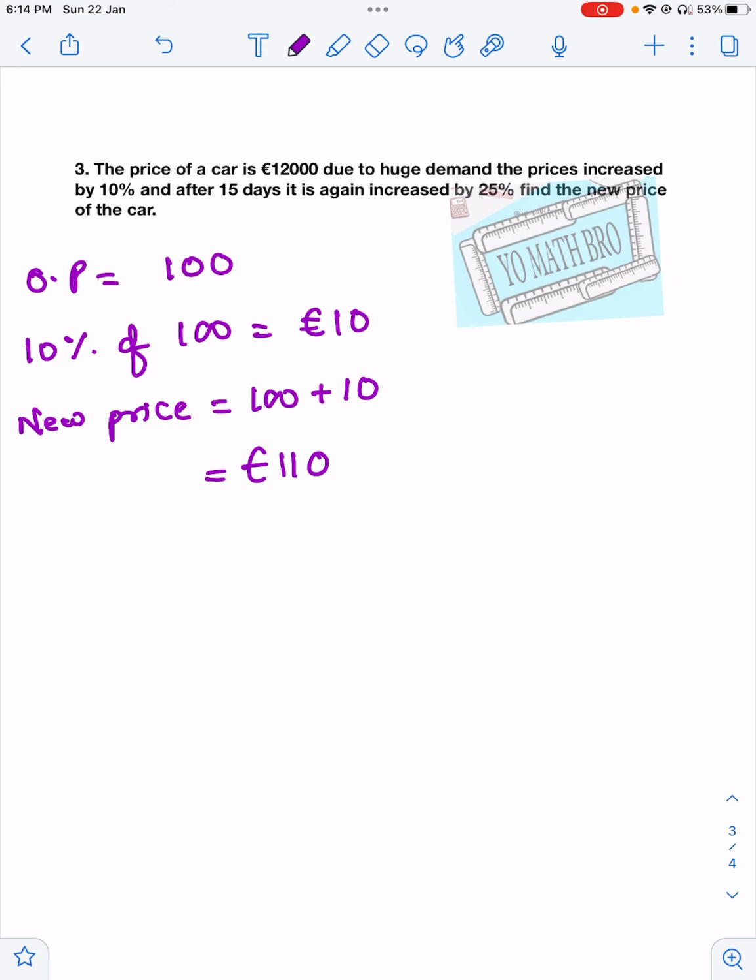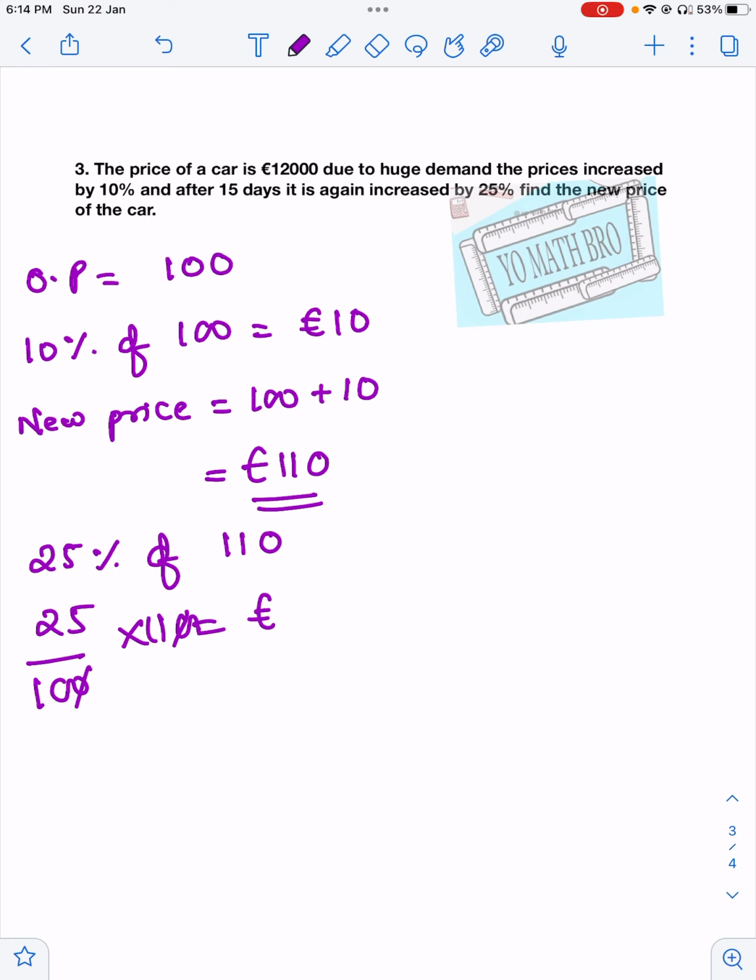25%. So now I will find 25% of the increased price, that is 25% of 110, which gives me 25 upon 100 into 110, which is €27.5.